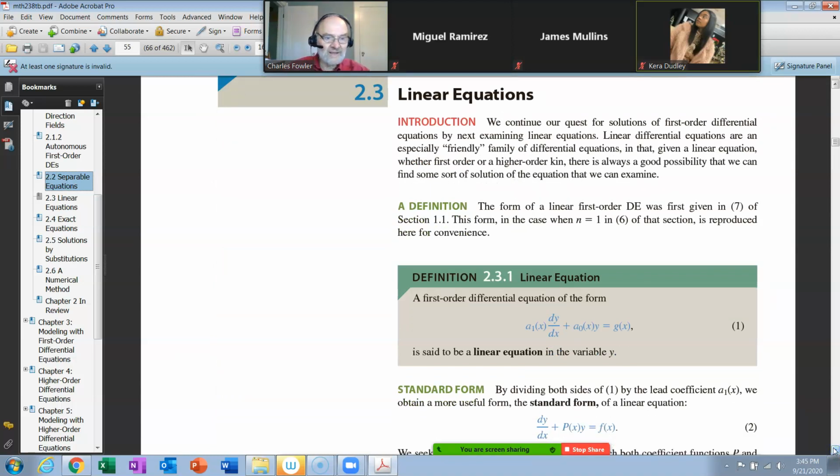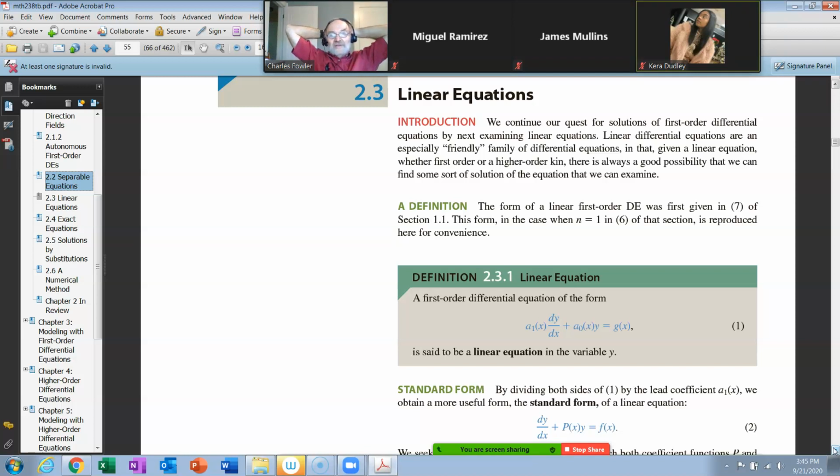How are we doing on time? Look at that. It just turned 3:45. So that's it for class today. We'll be starting 2.3 next time, and we'll be dealing with linear equations. Okay? Now that was a whole class of differential equations, but now we're dealing with first order linear equations.